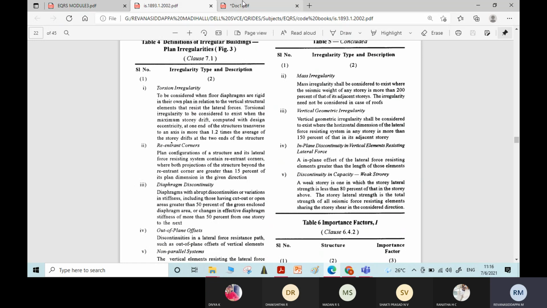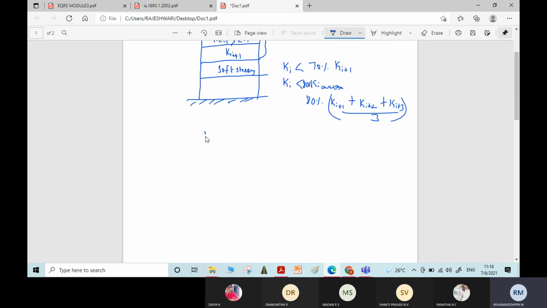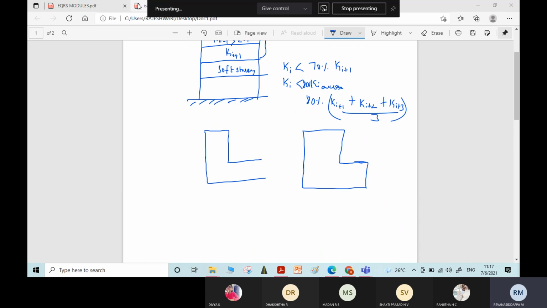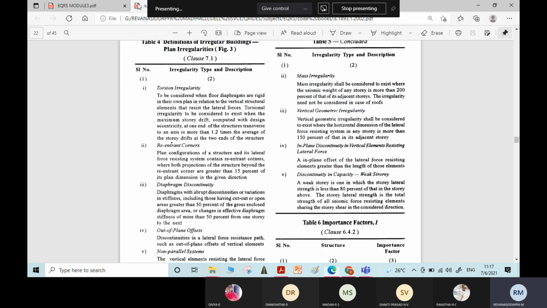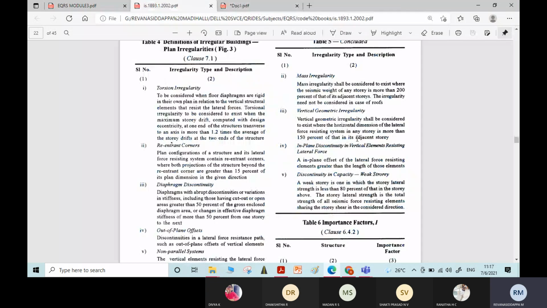For example, if I draw an elevation of a building, here we have one story, two story.